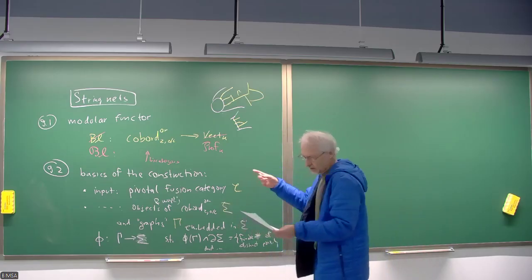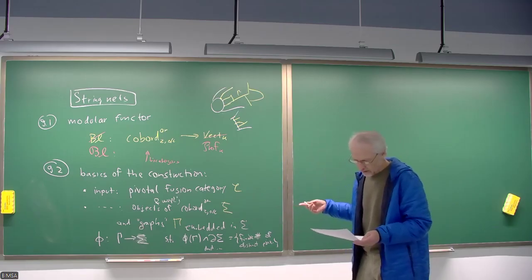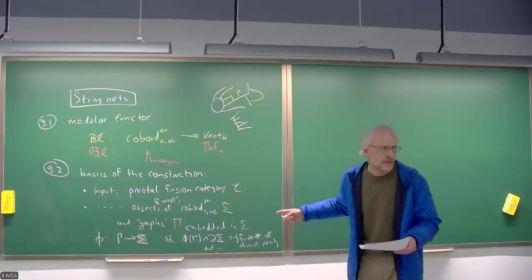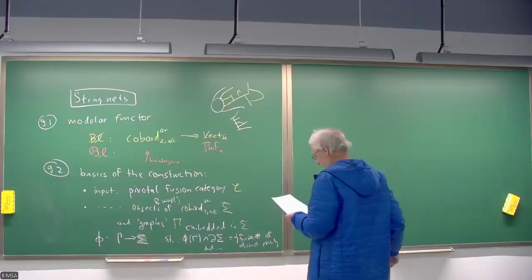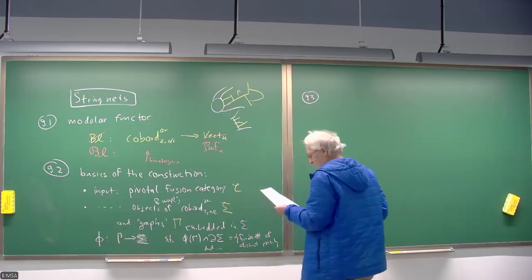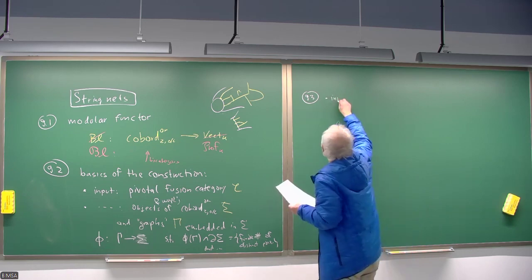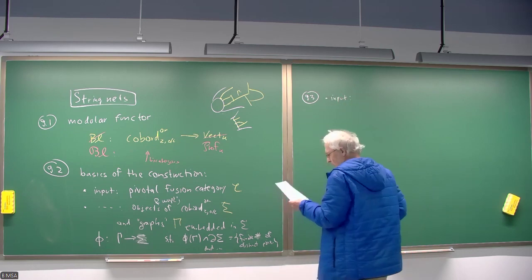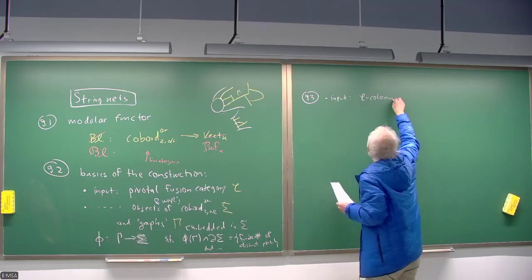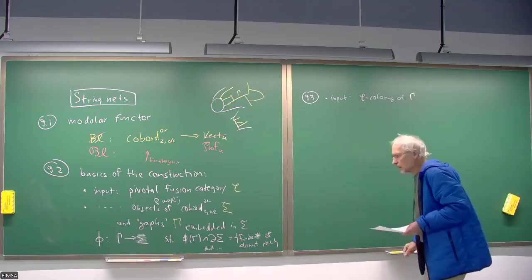When I say in the rest of the lecture graph, I always mean a finite oriented graph embedded in this way in a surface. And then there are further algebraic data: a C-coloring of the graph.